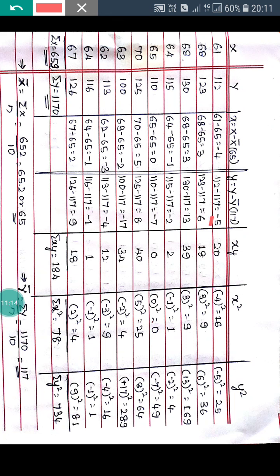Minus 5 into minus 5, 25. 6 into 6, 36. 13 into 13, 169. Minus 2 into minus 2, 4. Minus 7 into minus 7, 49. 8 into 8, 64. Minus 17 into minus 17, 289.